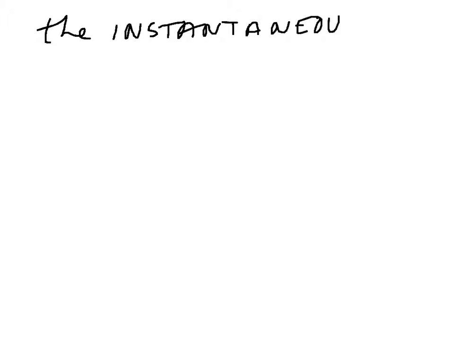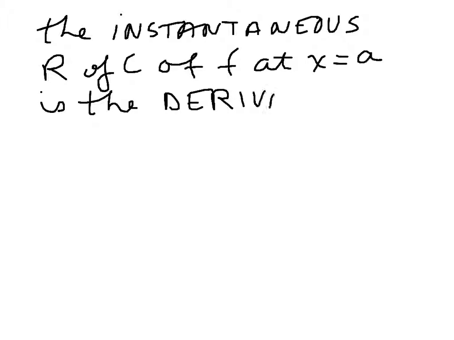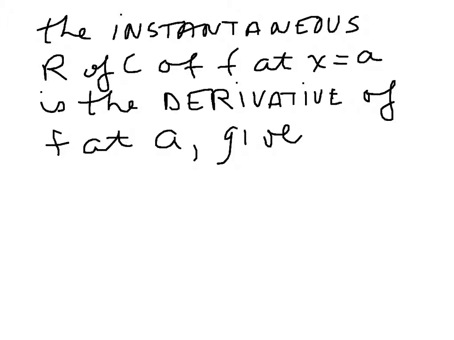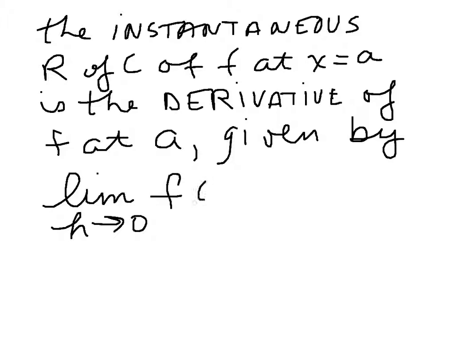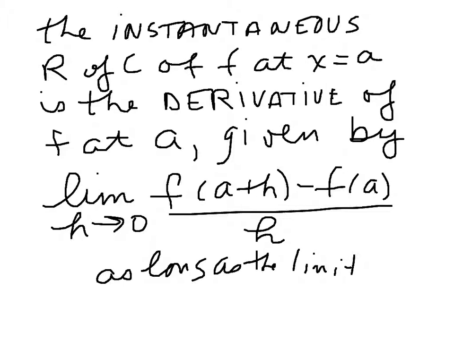Recall further that the instantaneous rate of change of f at x equals a is the derivative of f at a, and it's given by the limit as h goes to 0 of f of a plus h minus f of a all over h, as long as the limit exists.